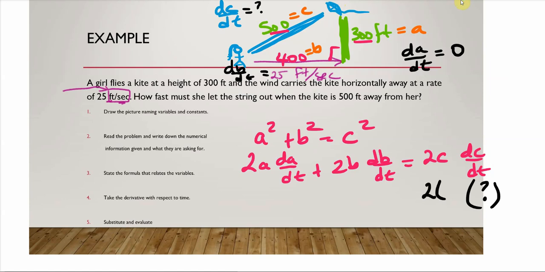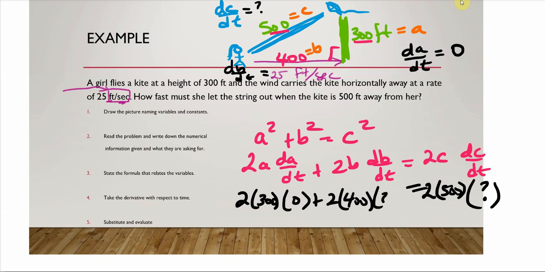My C is going to be 500. My A is 300, but my dA/dt will be 0. And my B here is going to be 400, and my dB/dt is going to be 25 feet per second. So when I solve for this, 0 times anything is going to be 0.